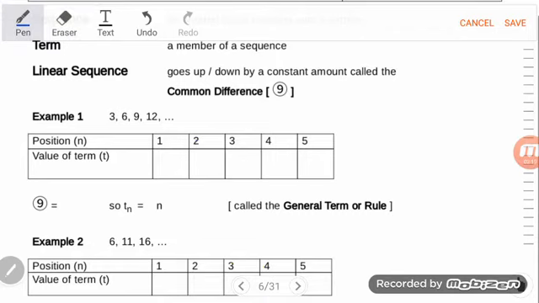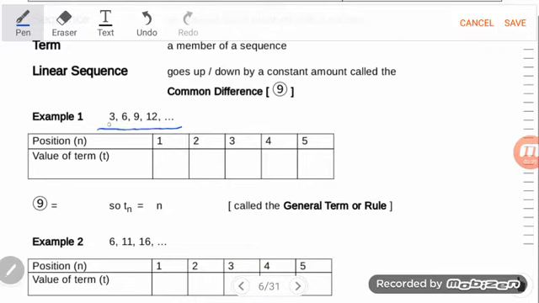So, here we have a pattern. It is 3, 6, 9, 12. Step 1 in trying to find our general rule for this: let's break it down. Let's make a table.